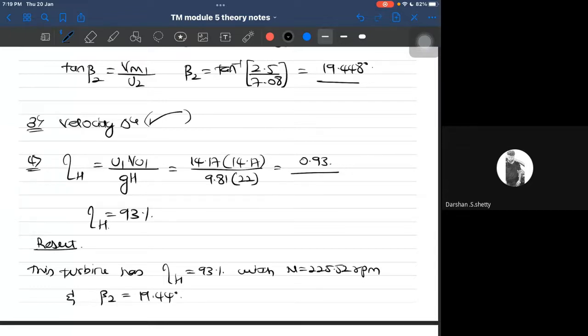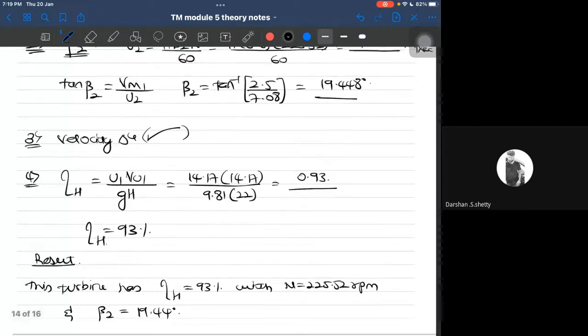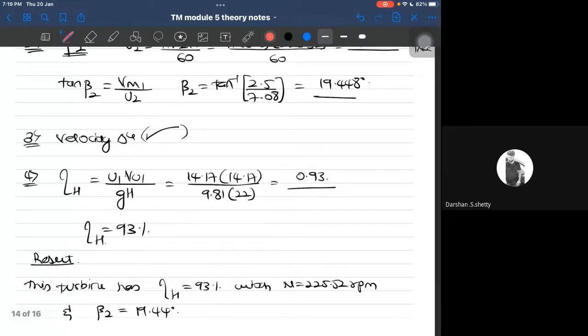So this type of result you have to write for every problem. That will increase your marks. Okay, increase your clarity. When the evaluator is evaluating, if he sees this result statement, he will give the mark straight away. Okay, he will not even look into your wrongs and rights. So always have a habit of writing the result statements.